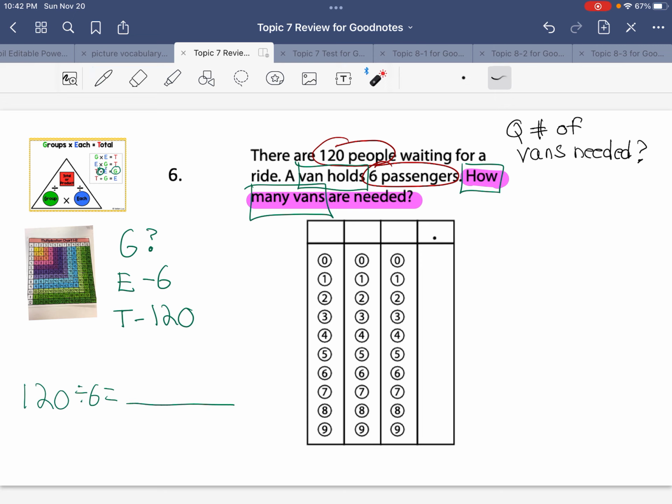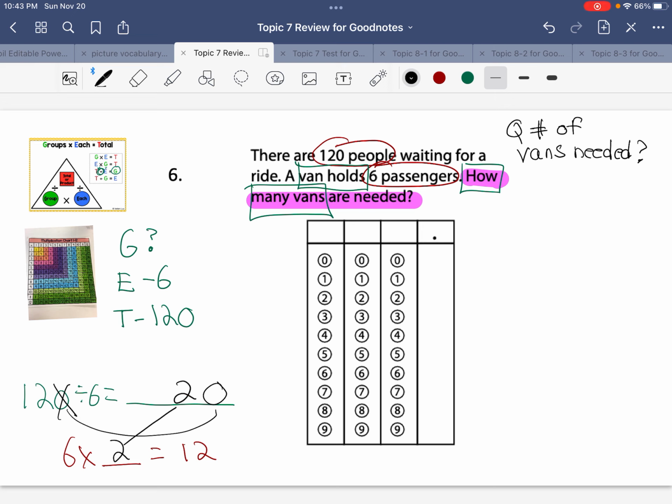And again, if you notice, I have this one egg right here. So I'm going to move that egg, drop it, cross it out, and I'm left with 12 divided by 6. So I asked myself, what times 6 is going to give me 12? That's going to be 2. So I move my 2 up here, and I know 20 vans are going to be needed.